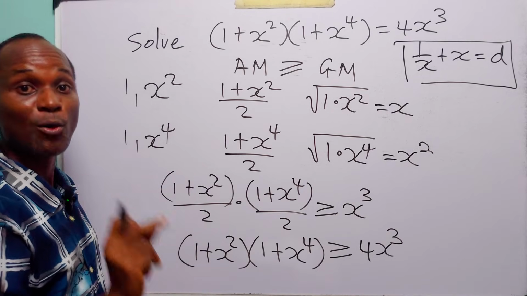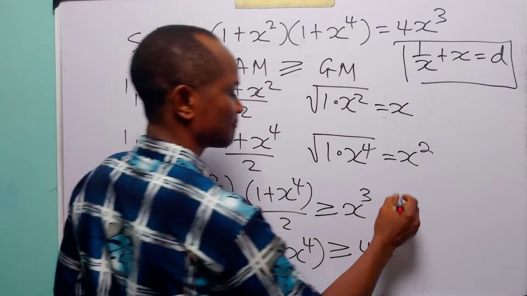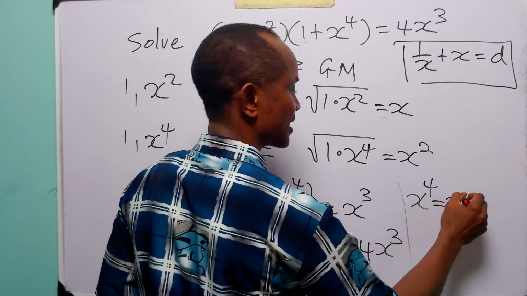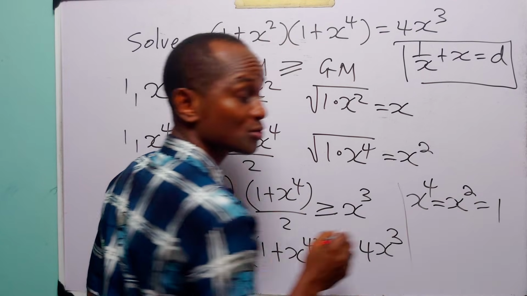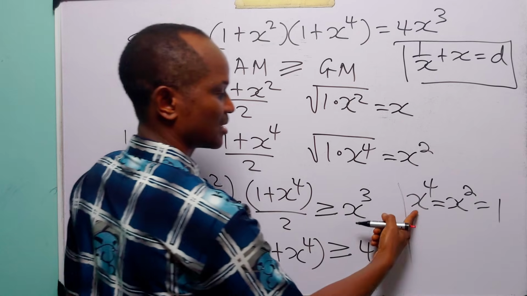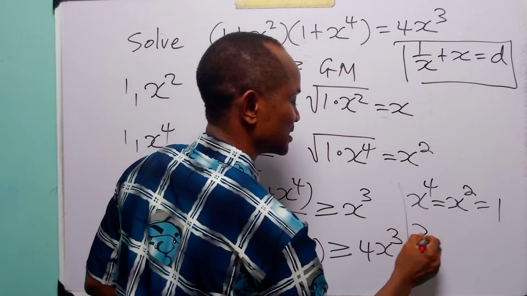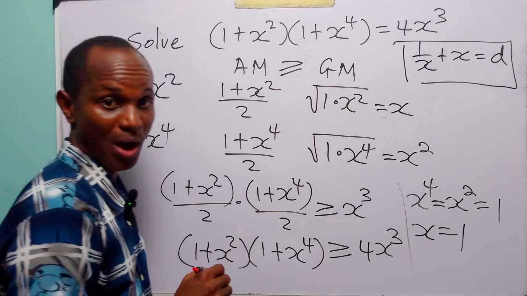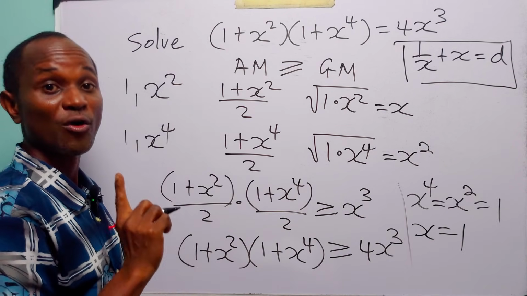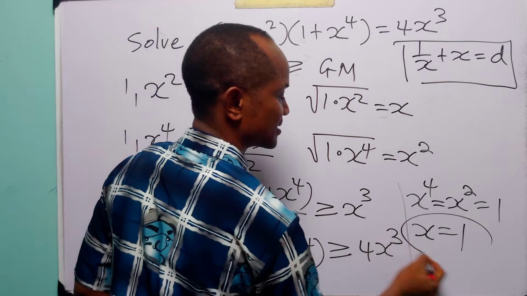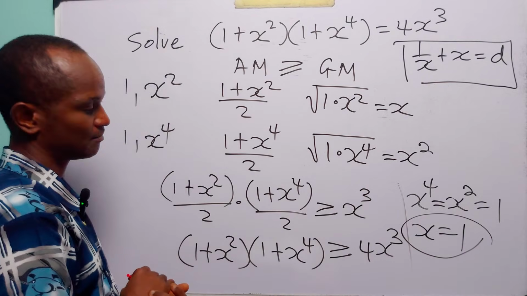So we know that the equality will only happen when x raised to power 4 is equal to x raised to power 2 is equal to 1. And of course, the only real value of x that satisfies these two is x equal to 1. So the only value of x that satisfies this equation is x equal to 1.